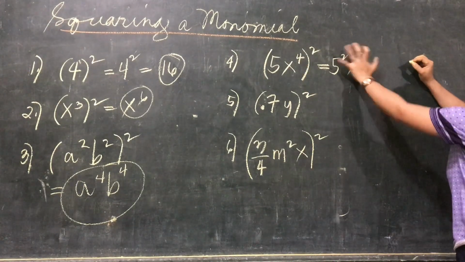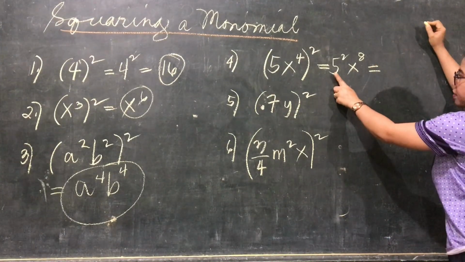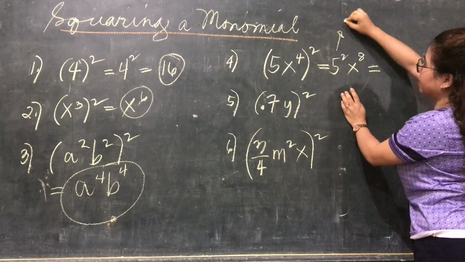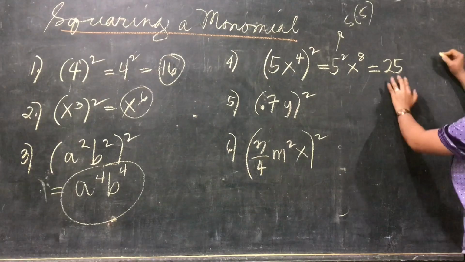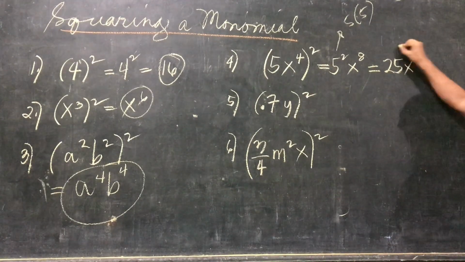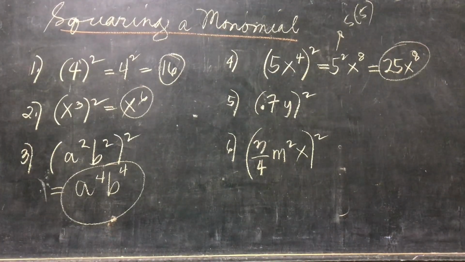Not yet simplified, so the coefficient is simplified: 5 times 5, 5 to the power of 2, that is 25. X to the power of 8 is the answer. 25x to the power of 8.